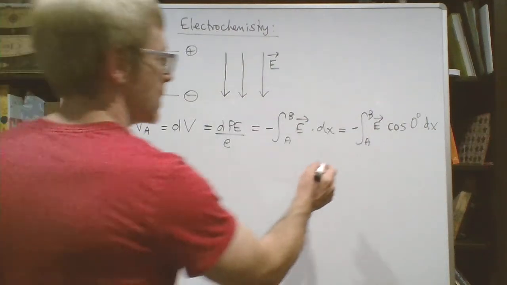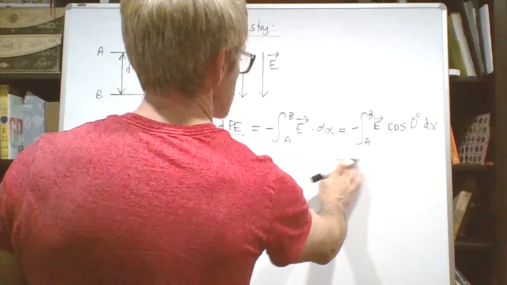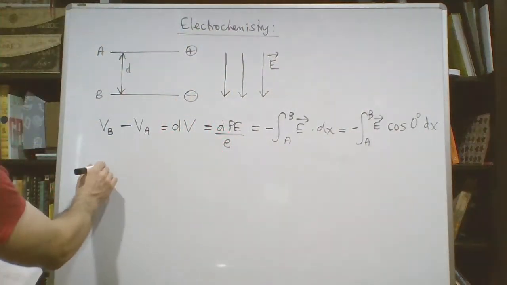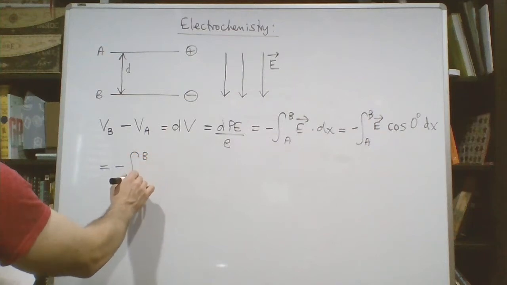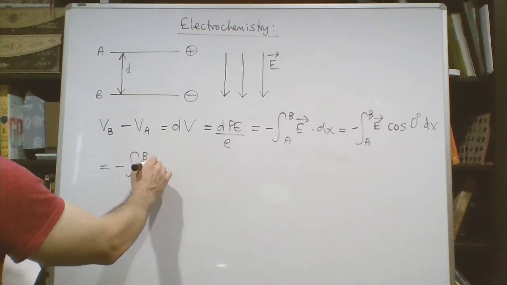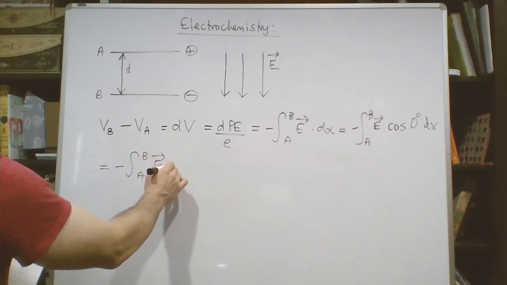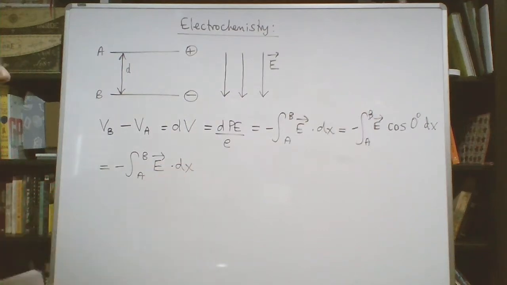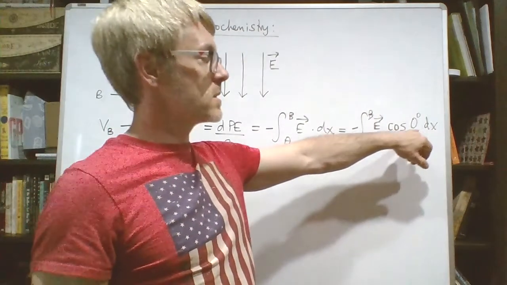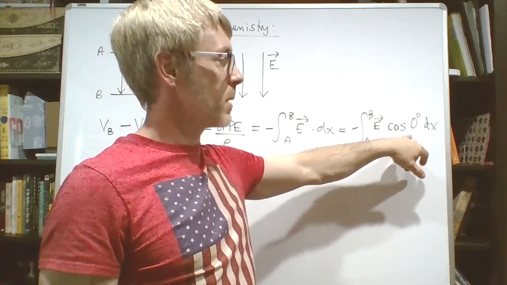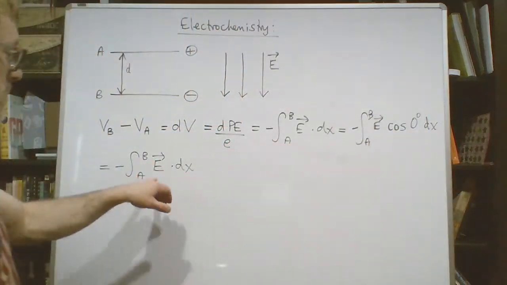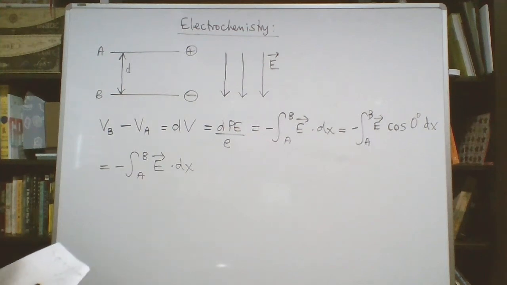Okay, so we can say that this is equal to minus the integral between B and A of E dx. So cos 0 is just 1. So we've just got E multiplied by 1 multiplied by dx, which is just E dx.